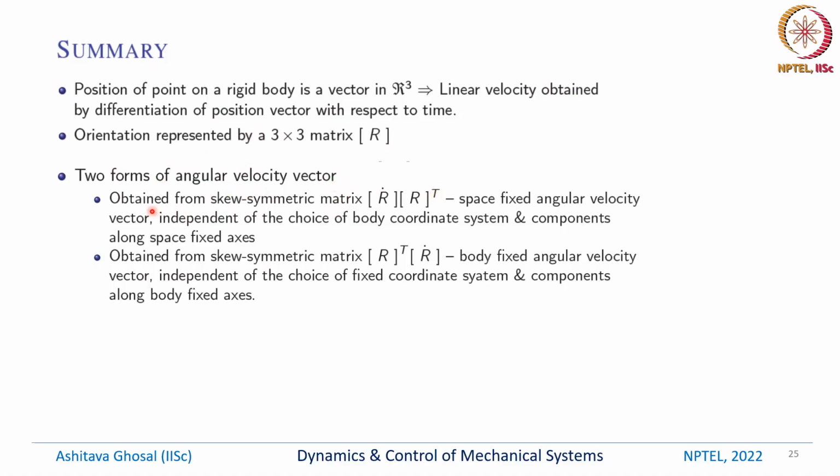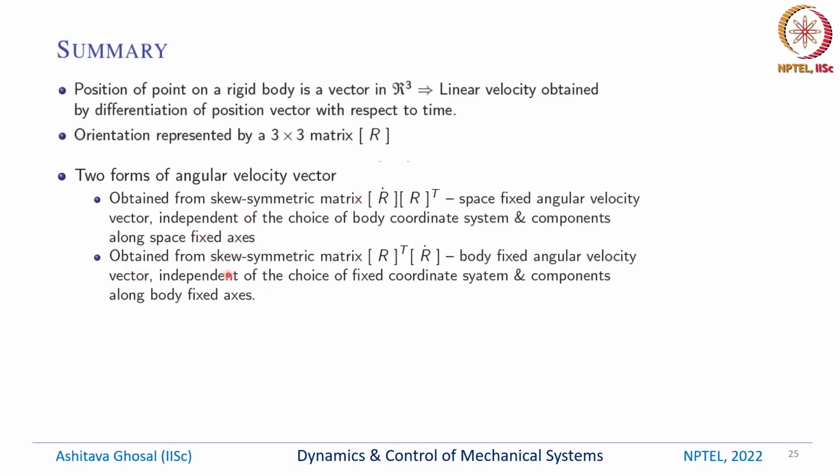One is a skew-symmetric matrix which is obtained as R dot R transpose. The angular velocity vector from this skew-symmetric matrix is called the space fixed angular velocity vector. This is independent of the choice of the body coordinate system, with components along space fixed axes.